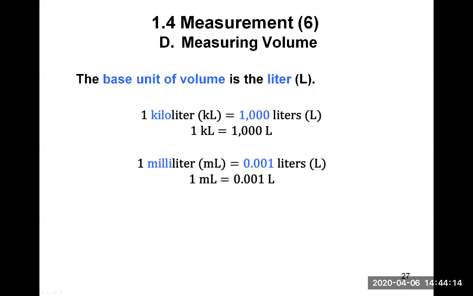On the left we will have 1,000 milliliters, and on the right we will have 0.001 times 1,000, which is equal to 1. And so this equality can be written as 1,000 milliliters equal 1 liter. And that's the same equality, right? Because you multiplied by 1,000 on both sides of the equality, so it doesn't change the equality, it still holds. And so this can also be written like that.